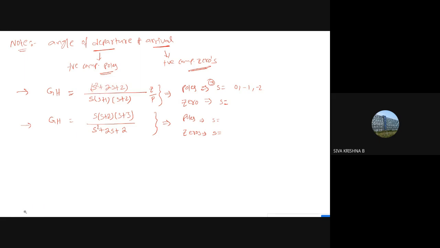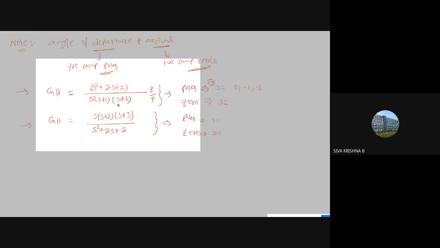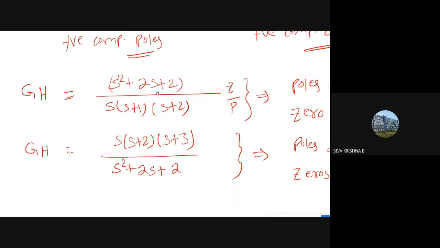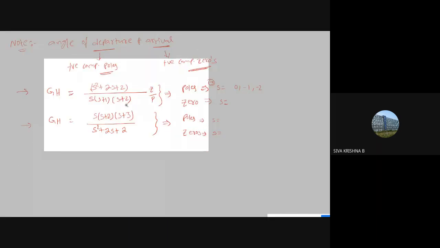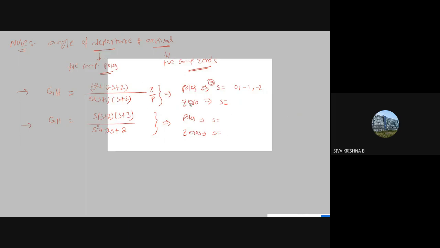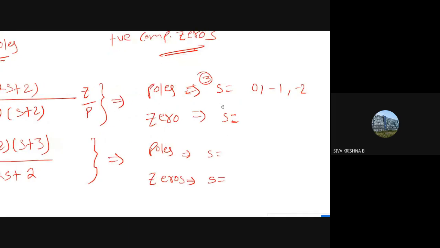If you come to this zero here, you will have a second order equation. So for that you have to find these roots by using the quadratic equation. What is this quadratic equation, Andy?